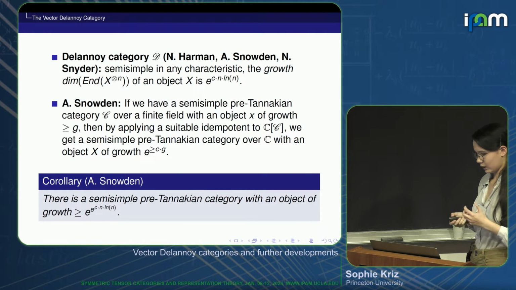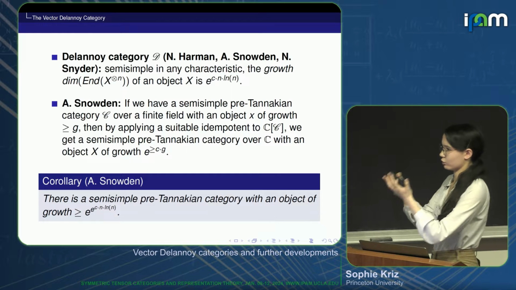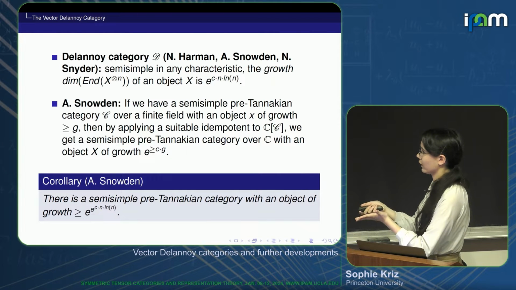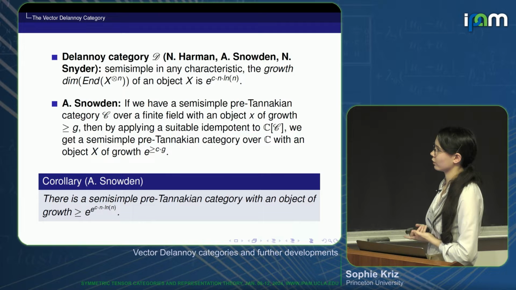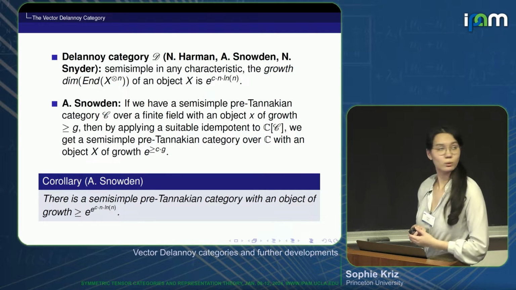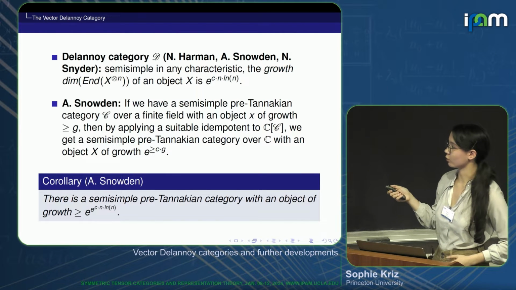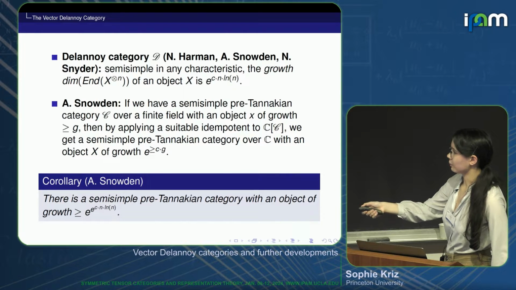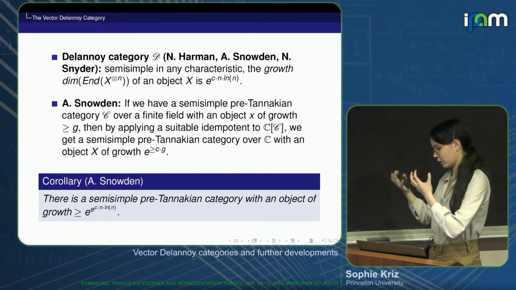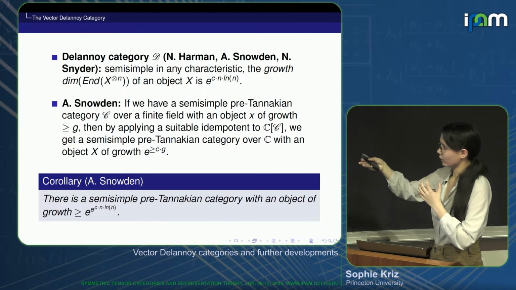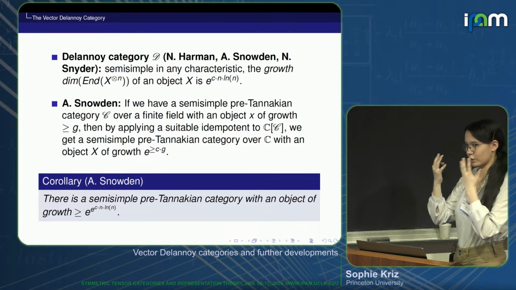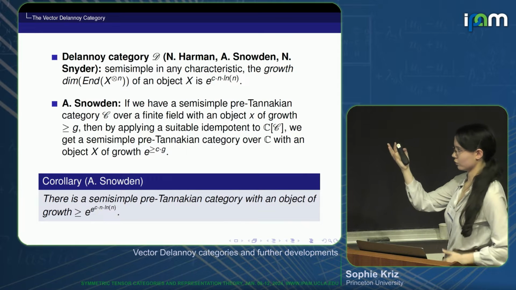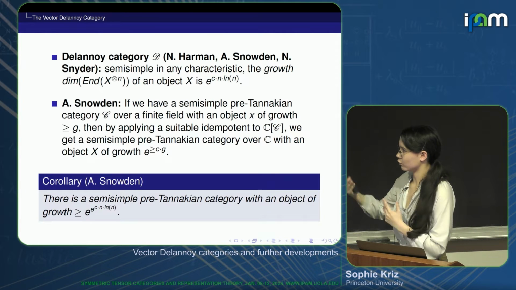And so there's this construction by Andrew Snowden that if we have a semi-simple pre-Tannakian category C over some finite field with an object x of growth at least some function g of n, then first we take this linearization of C, where we take the same objects but free C vector spaces on the spaces of morphisms, and then apply a suitable idempotent.